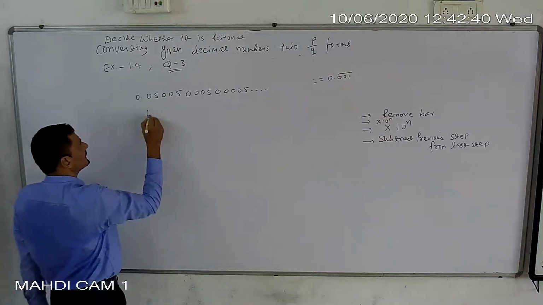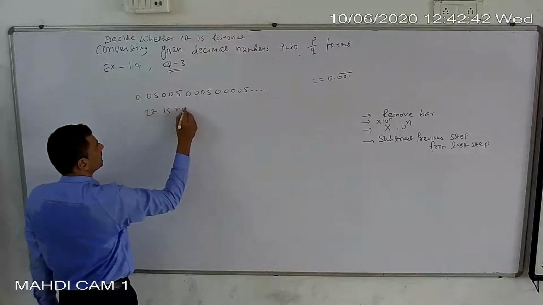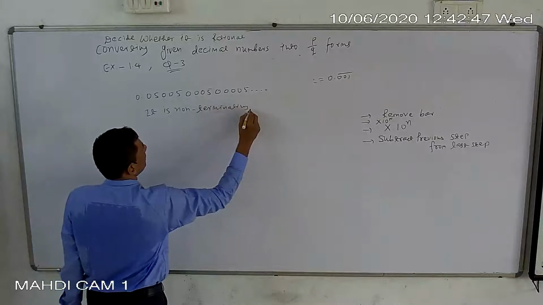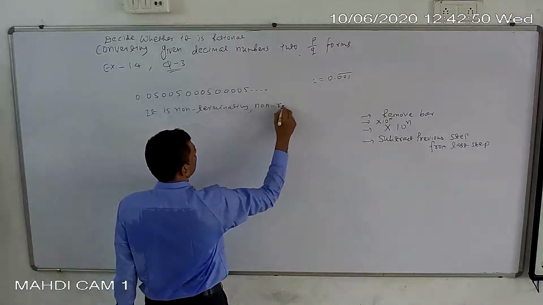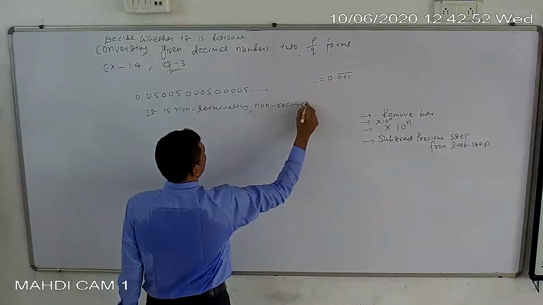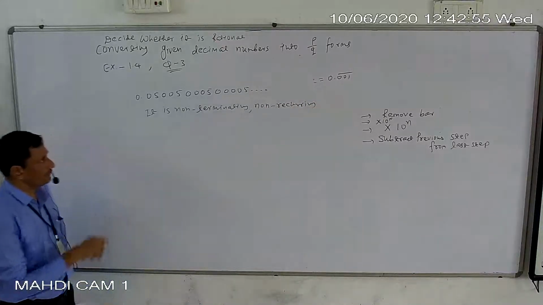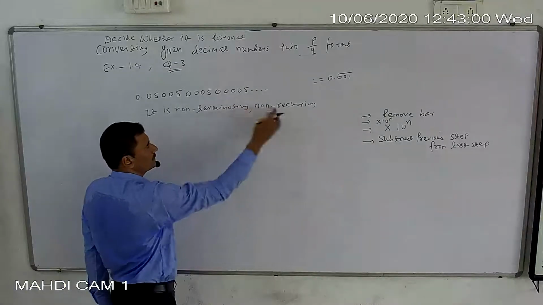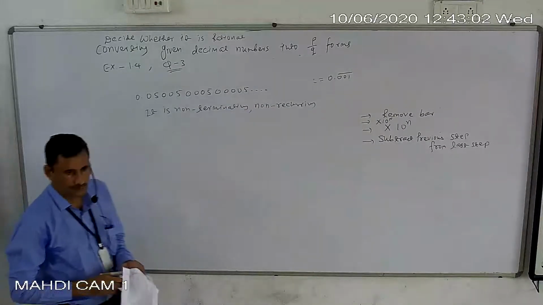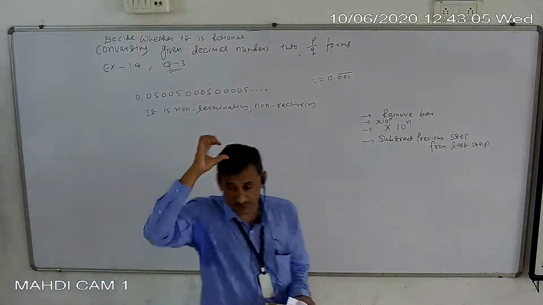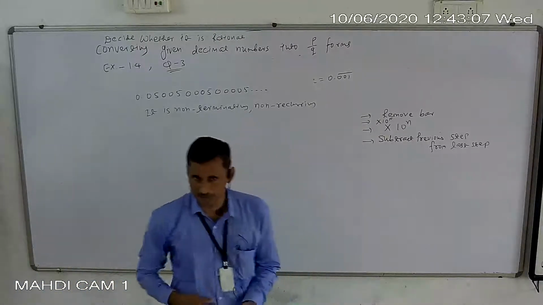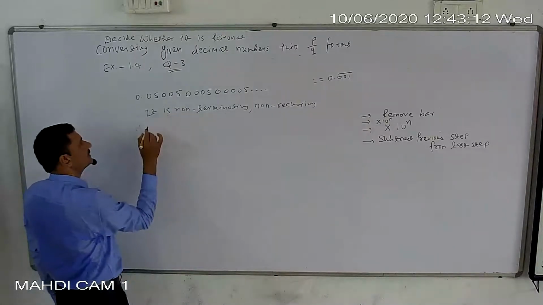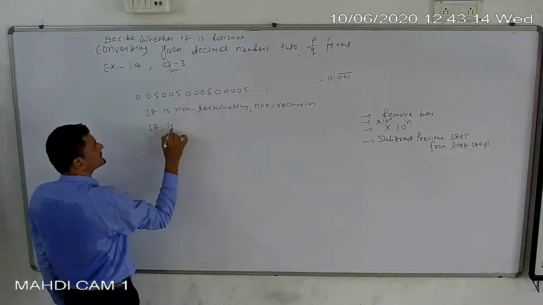Therefore it is non-terminating, non-recurring. Non-terminating means not stopping, non-recurring means not repeating. Obviously these types of numbers are irrational numbers. So give the final answer: therefore it is an irrational number.